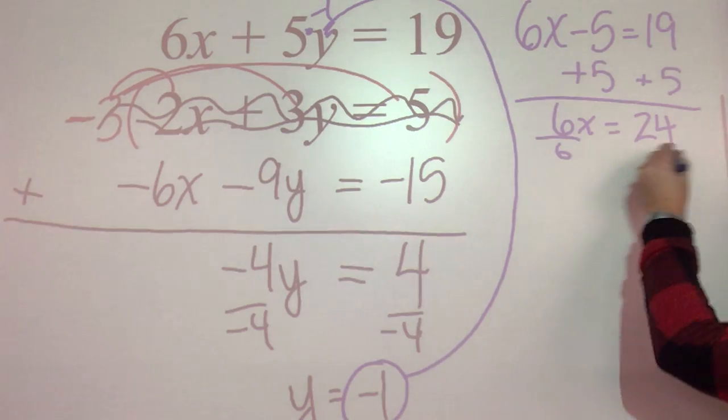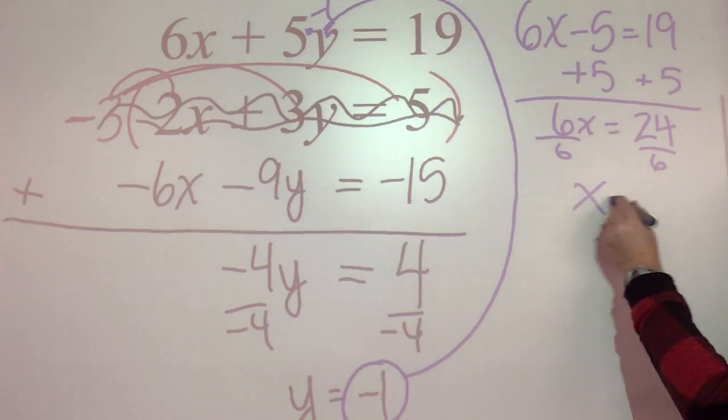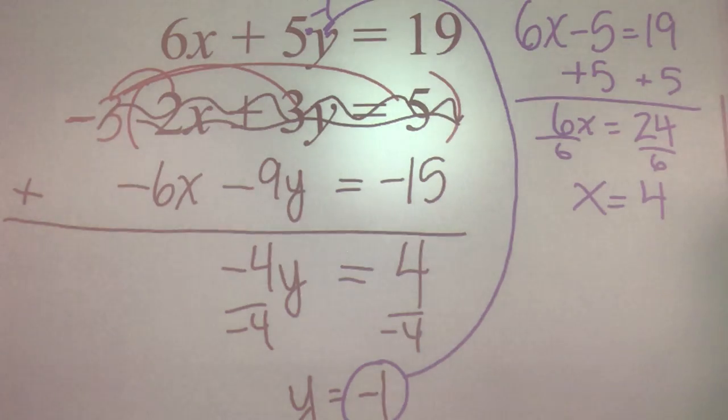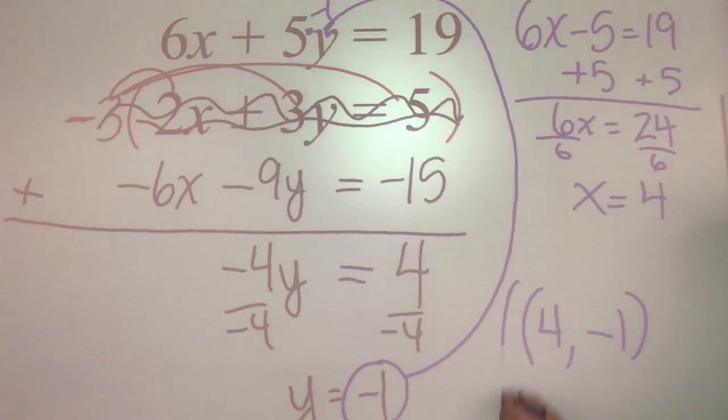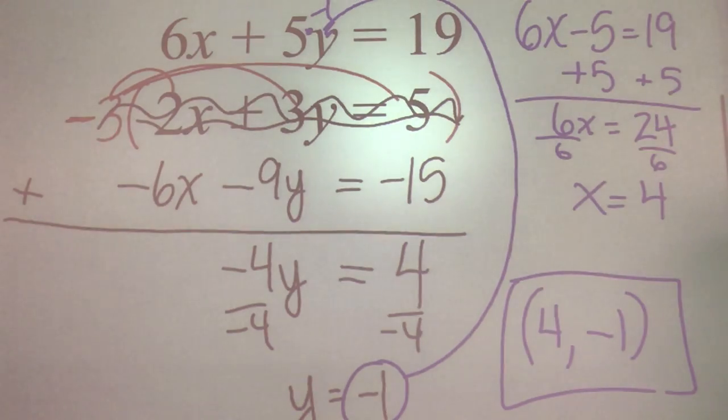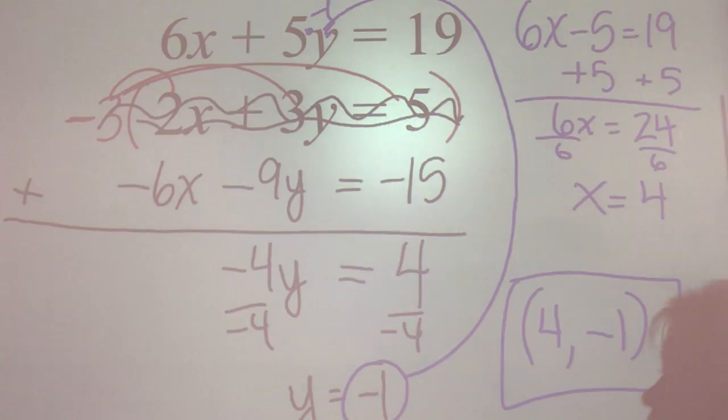And divide by 6, x equals 4. Final answer, put the x first, then your y, and this is the coordinate on your graph. So it's not terribly bad. We've done this before, but we've just multiplied by a negative 1. This time we have to pick a number to multiply by.